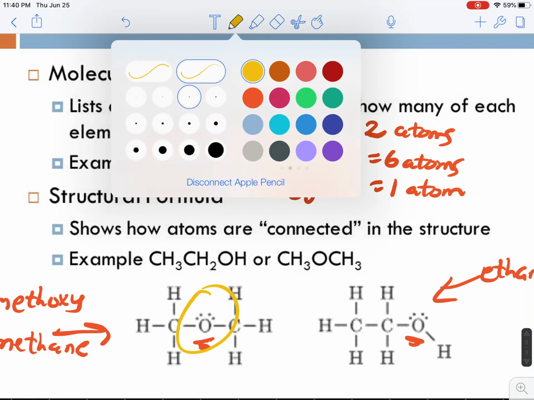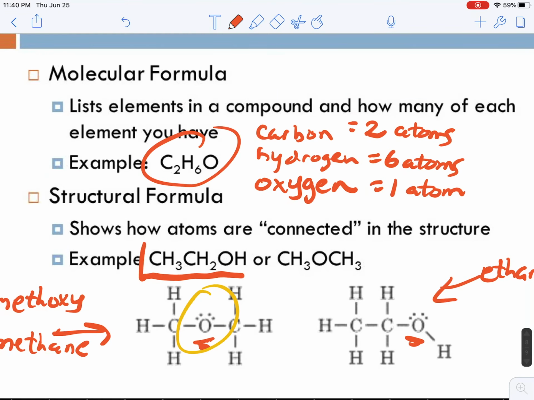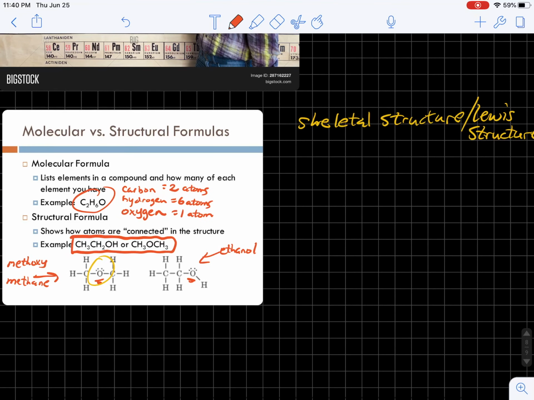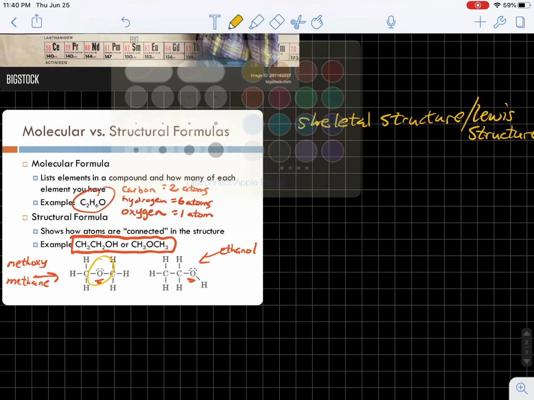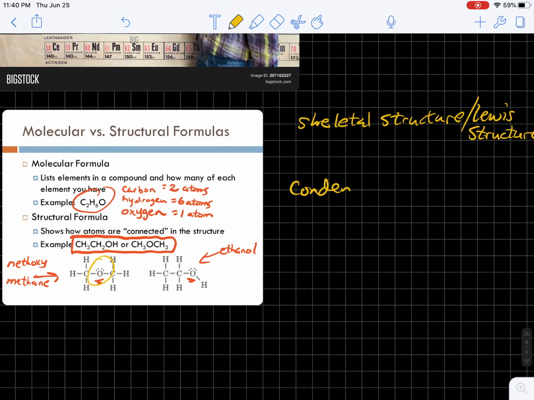If we go back to this example and zoom in, they're actually using something called a condensed structural formula. With a condensed structural formula, there's nothing condensed about it. For instance, let's say we have a compound like hexane, and hexane has the formula C6H14.